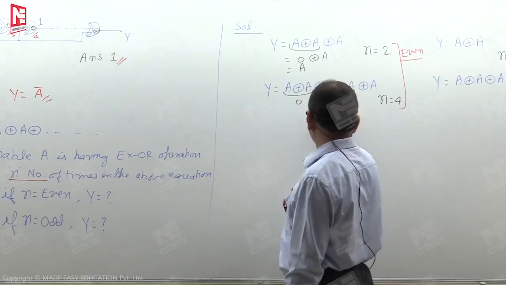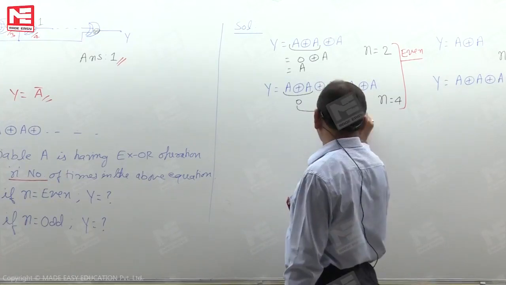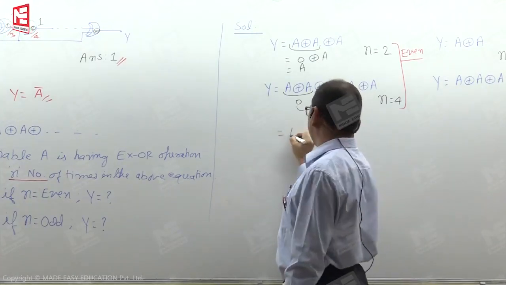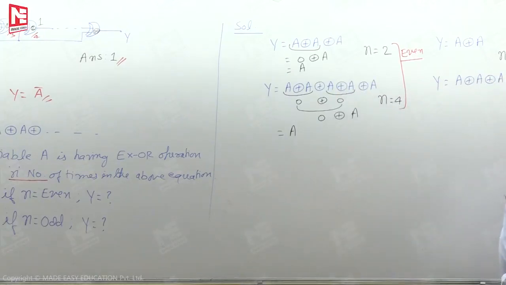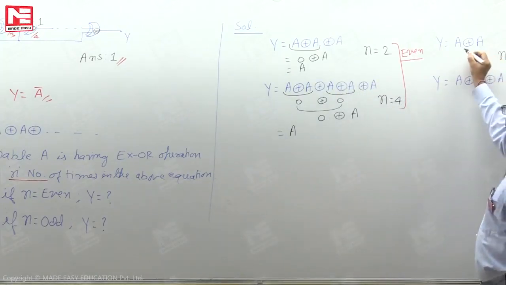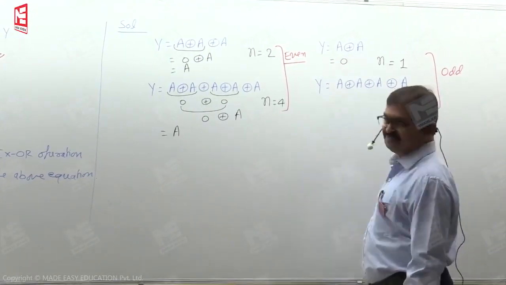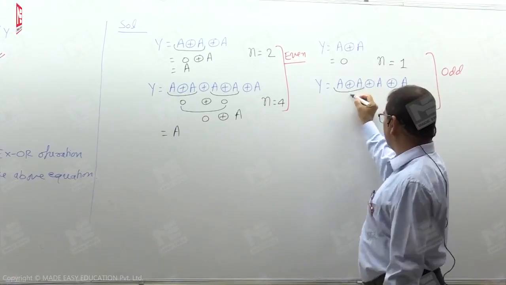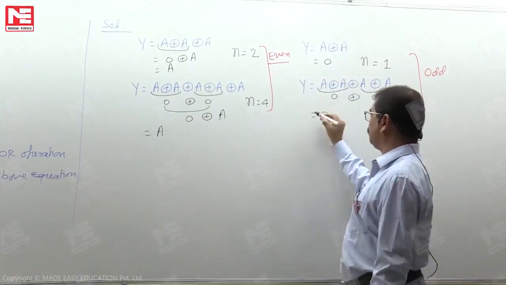It is 0. 0 exclusive OR 0 is 0. Finally 0 exclusive OR A is A. Coming to this, A exclusive OR A is 0. Coming to this here, 0, this is 0. 0 exclusive OR 0 is 0.